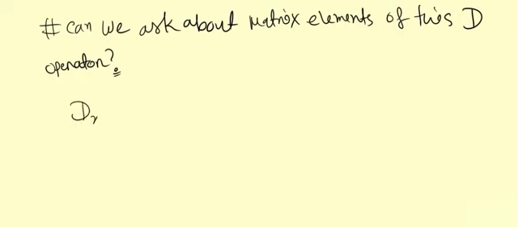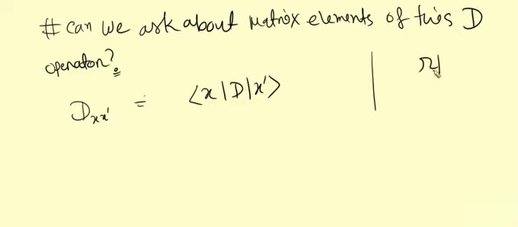The way to go about it is, let's say I want the x x prime element that is denoted by D x x prime, and the way to write this would be bra x D ket x prime. These x's are the bases for this infinite dimensional space, and it's similar to the finite dimensional case where you had a matrix, and if you wrote it as ij, it would be omega ij, some matrix element.